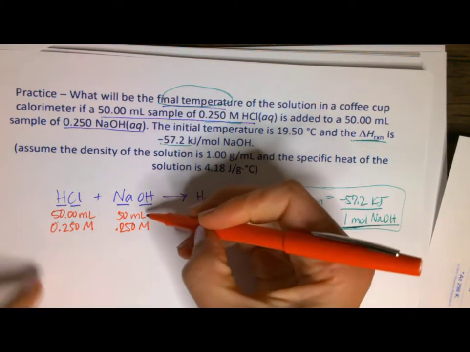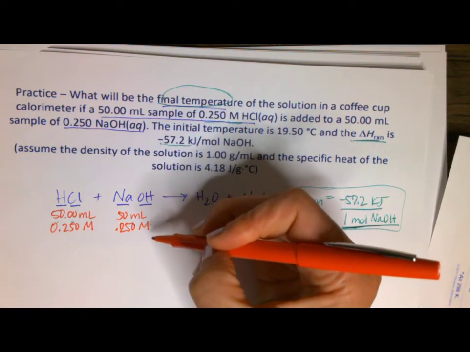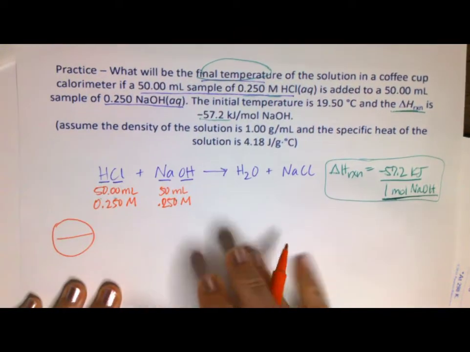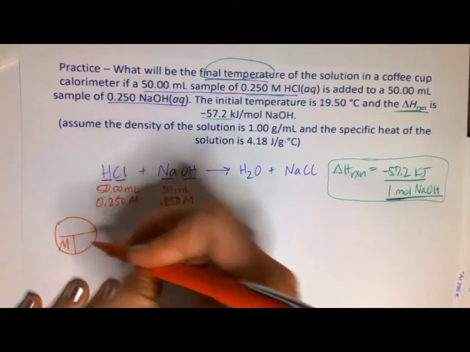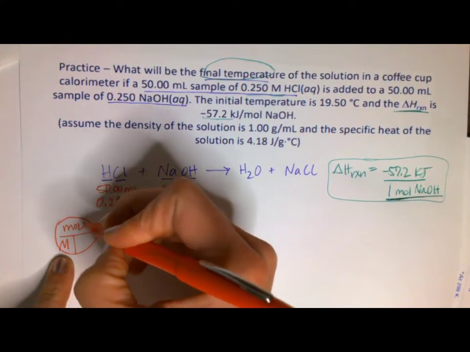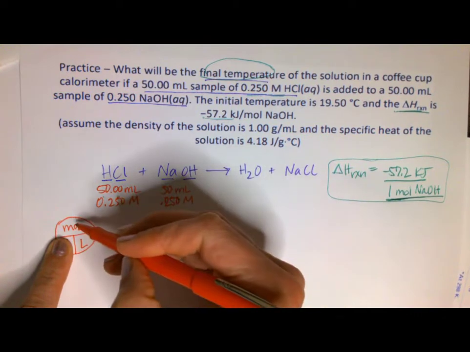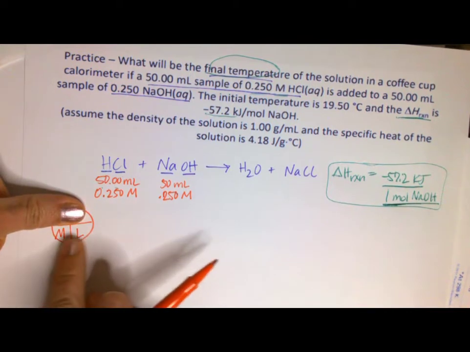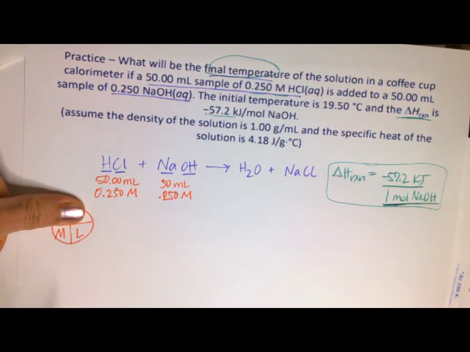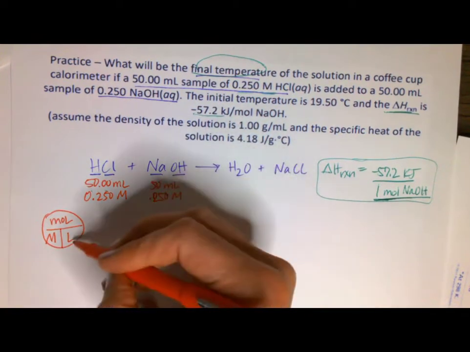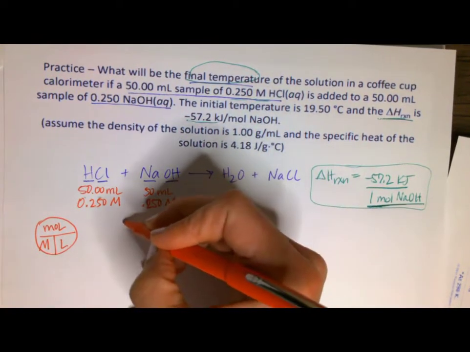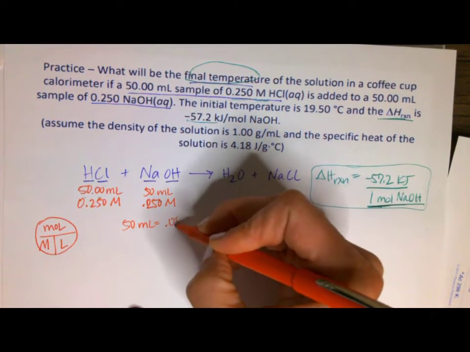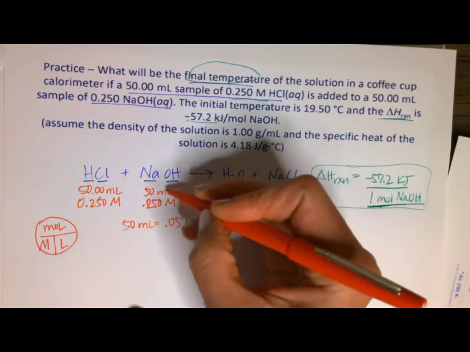So we know volume and we know concentration. So do you remember back when we could calculate, to find concentration, it is moles divided by liters, right? Moles divided by liters to get concentration. So if I know concentration and liters, I can multiply concentration by liters to get moles. All right, well, this has to be in liters. So let's make 50 milliliters equal to, I'm going to go back 3 spots, 0.05 liters for both of those.